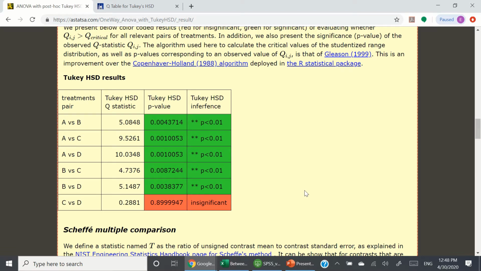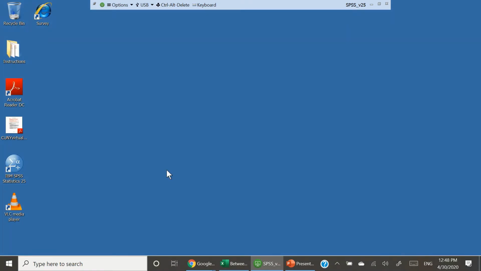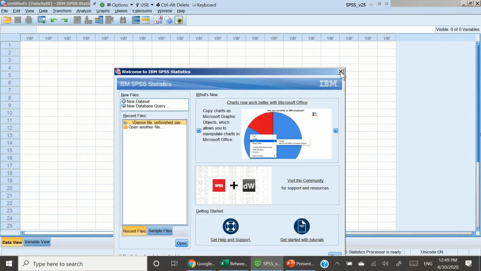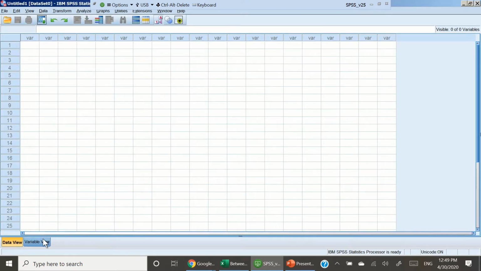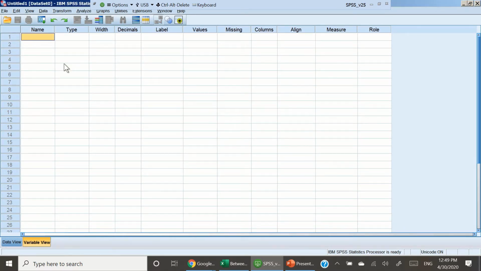The second way to do it is to use SPSS. So let's go to our CUNY virtual desktop and open up SPSS. In the variable view, you want to enter it as group.